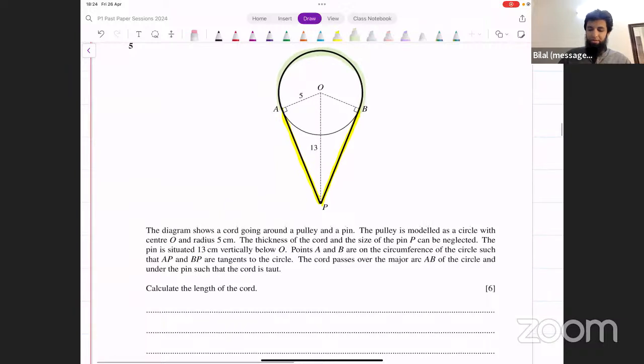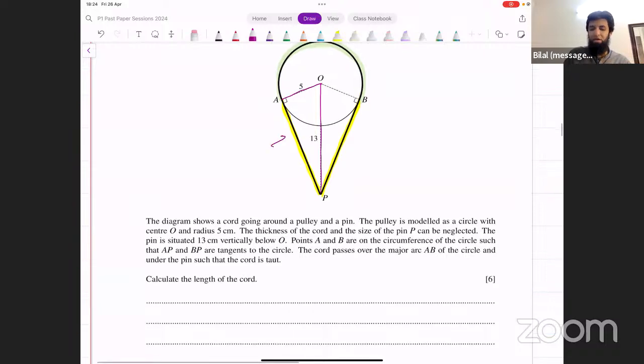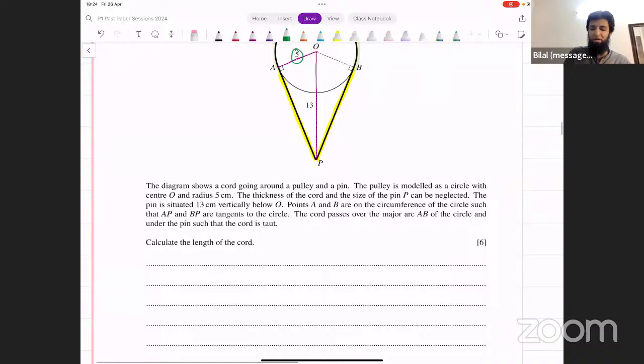Now, how do you find these lengths? AP and PB are pretty straightforward because these are right angle triangles. This is a right angle triangle. We can find AP. Let's say AP is the base, 5 is perpendicular, 13 is hypotenuse, so use Pythagoras.